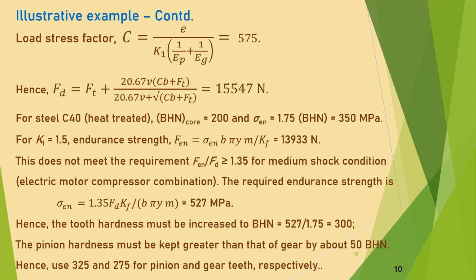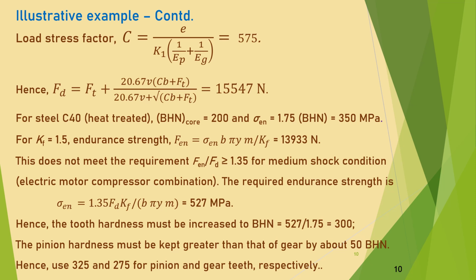For stress concentration factor of 1.5, for 20-degree pressure angle, we get the endurance strength of the tooth as 13933 Newton. This doesn't meet the requirement of Fen divided by Ft greater than or equal to 1.35 for medium shock condition, which has been assumed for the electric motor compressor combination.